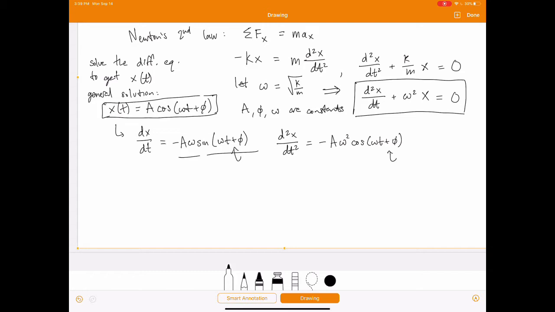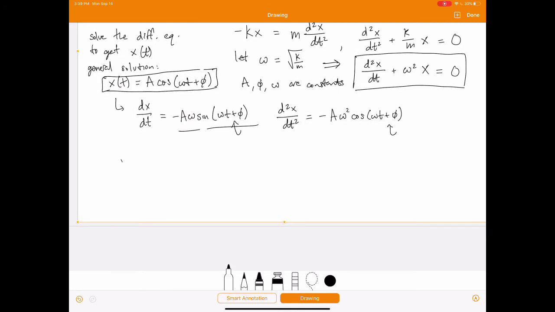And let's just check to see that it solves the differential equation we wrote down. Because remember, the second derivative of x with respect to time plus omega squared times x should equal 0, according to our equation. We just said the second derivative is minus A omega squared times cosine omega t plus phi.